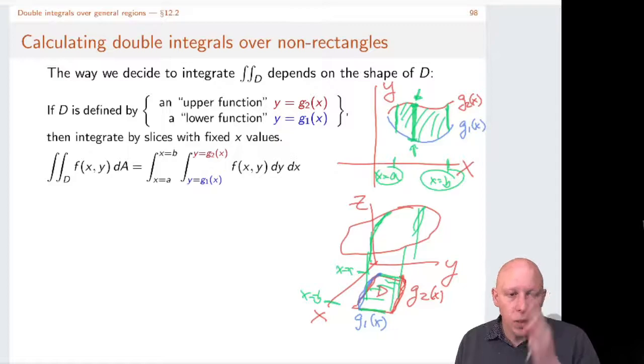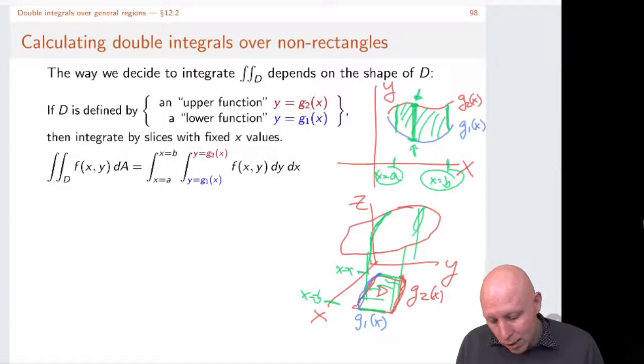And what we're going to do is a lot of slicing. In doing double integrals, triple integrals, and polar, cylindrical and spherical integration, I find it very helpful to draw some slices to remind ourselves what we're doing.